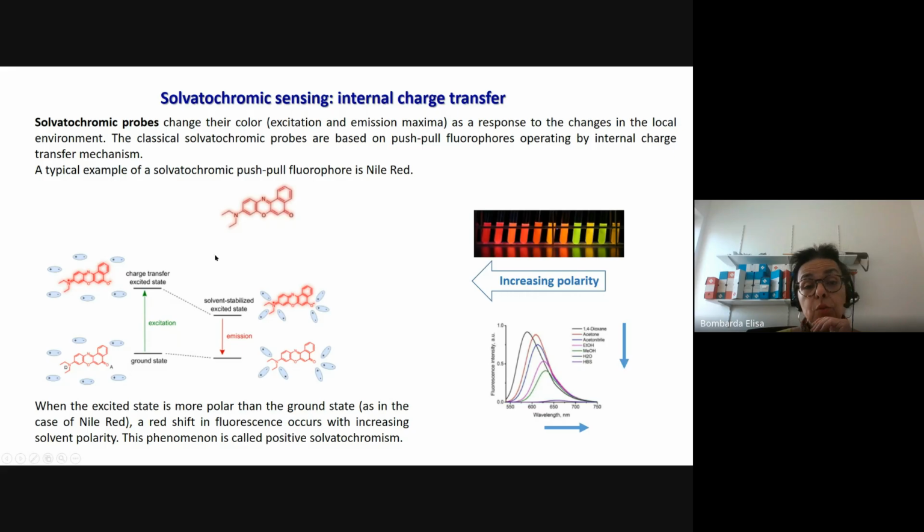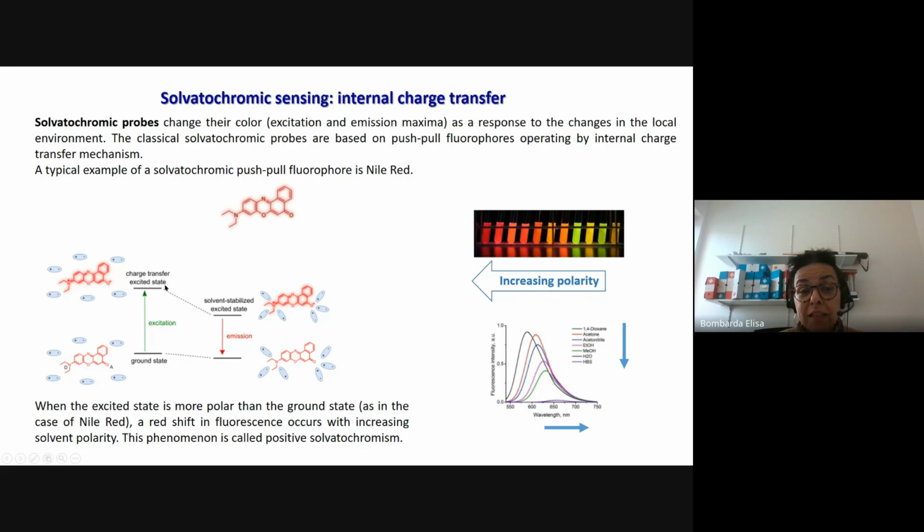The charge transfer is a fundamental phenomenon, because if the fluorescence is associated to a charge transfer, the dipole in the excited state is changed with respect to the one in the ground state.